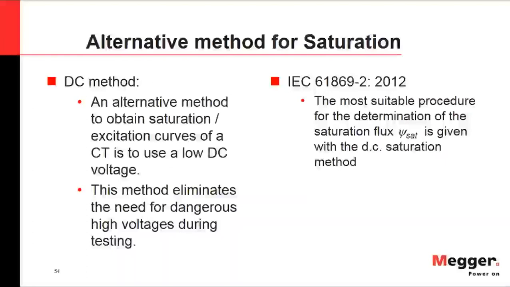This method completely eliminates the need for dangerous high voltages during testing. As I was saying, if you're using AC, you will need to crank up the voltage to maybe 4,000 volts, maybe even higher voltages than that. And the reference that we get from IEC says that this is the most suitable procedure for the determination of the saturation flux.